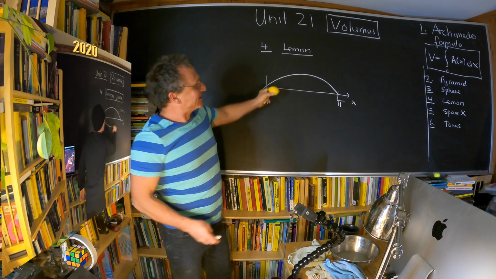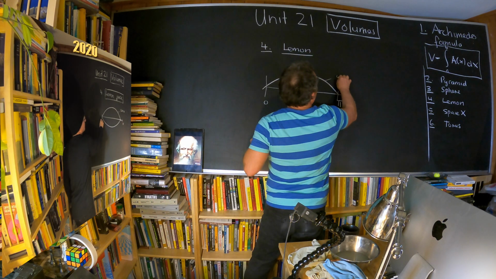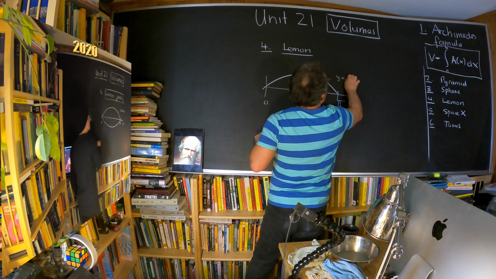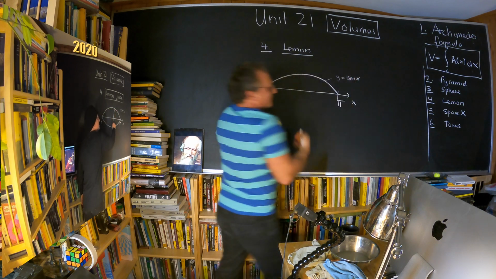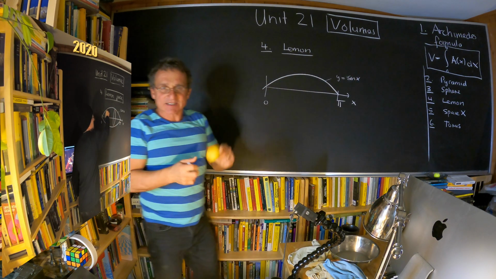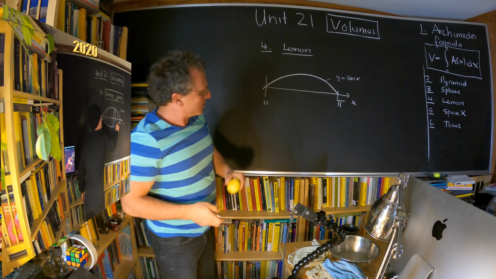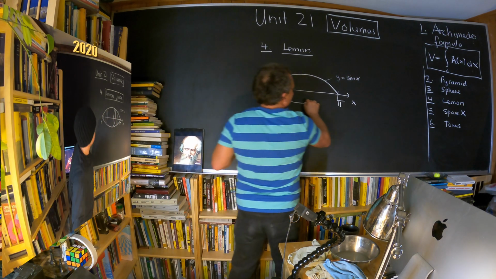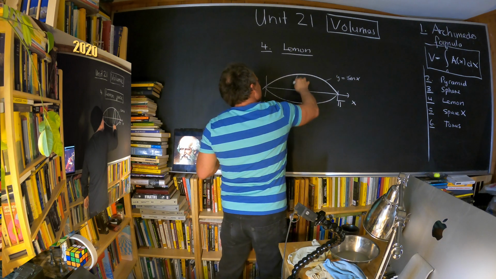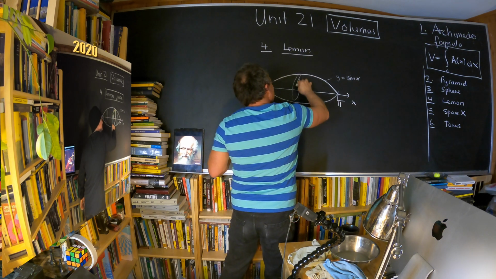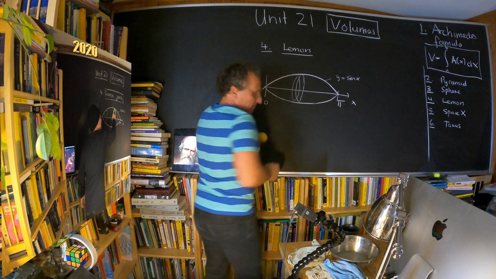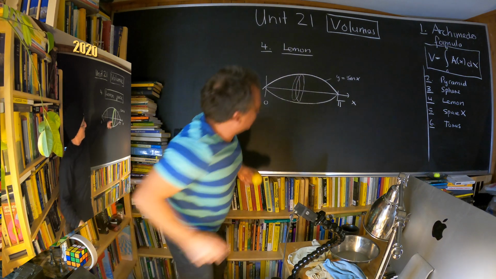Simplified, I take here just y equal to sine x, and we rotate this sine curve around, so let's just rotate this around here, so we get these slices here. Just make that yellow.